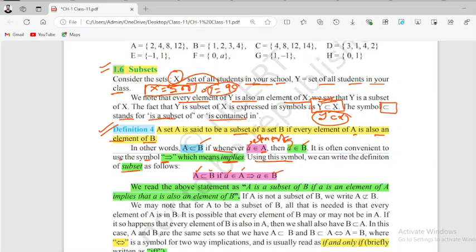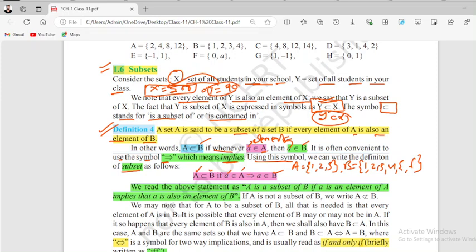Let us understand with the help of an example. Suppose A is equal to the set {1, 2, 3}, and B is equal to the set {1, 2, 3, 4, 5, 6}.